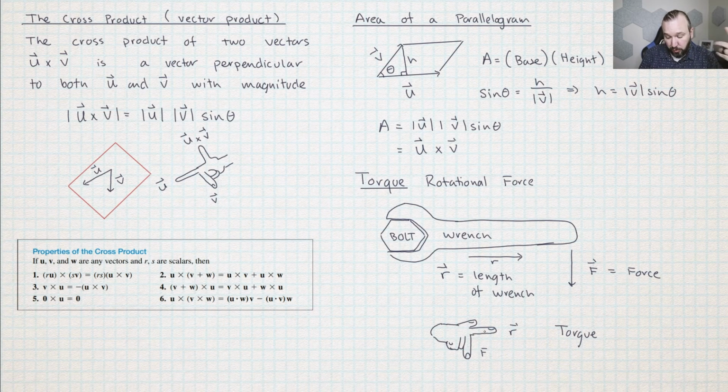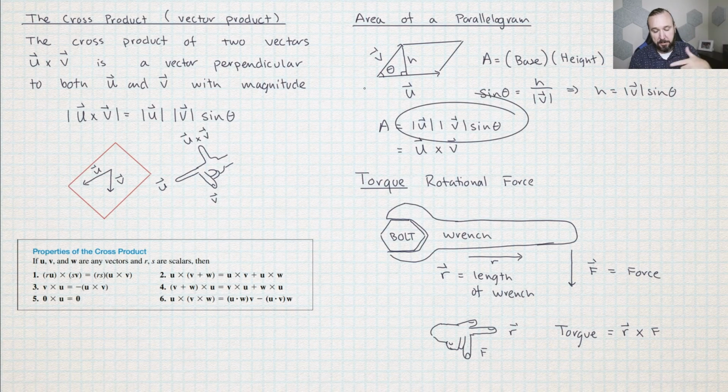So according to the right-hand rule, the torque should be the radius cross product with the force. That way, when you go to the right, that drives the bolt down and tightens the bolt. And then the magnitude of the torque is given by the same formula as the cross product.